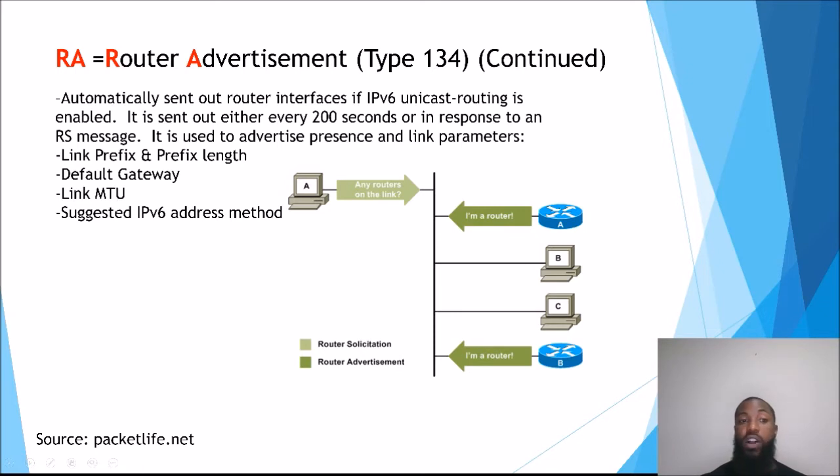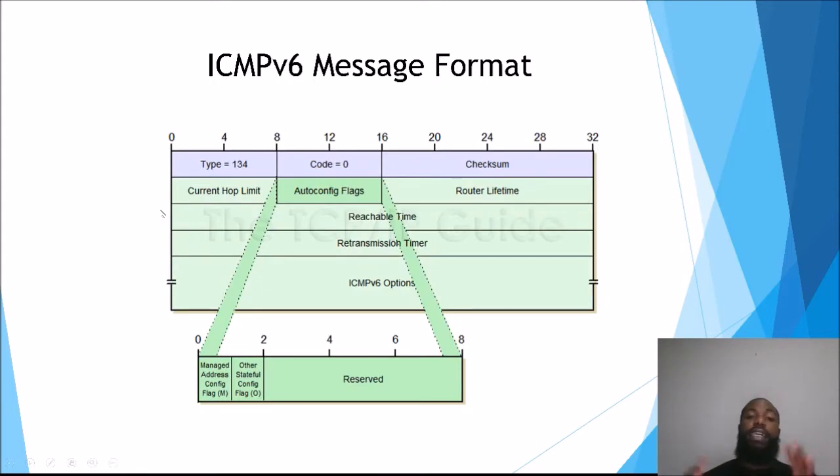And what's in there is this information: the link prefix, prefix length, default gateway, link MTU, and suggested IPv6 address method, whether they want to use SLAAC or just stateful DHCP. Now we're going to go further into the suggested IPv6 address method. Before we do that, let's discuss the ICMP version 6 message format.